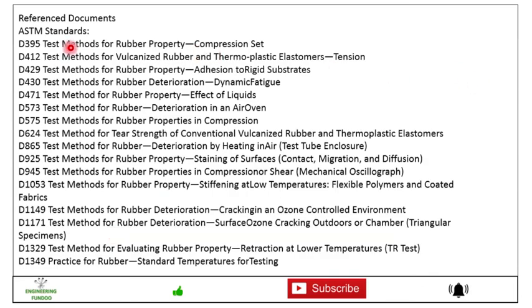and to refer to this you need to refer to the ASTM standards. According to the ASTM standards, D395 is the test method for rubber property compression set.